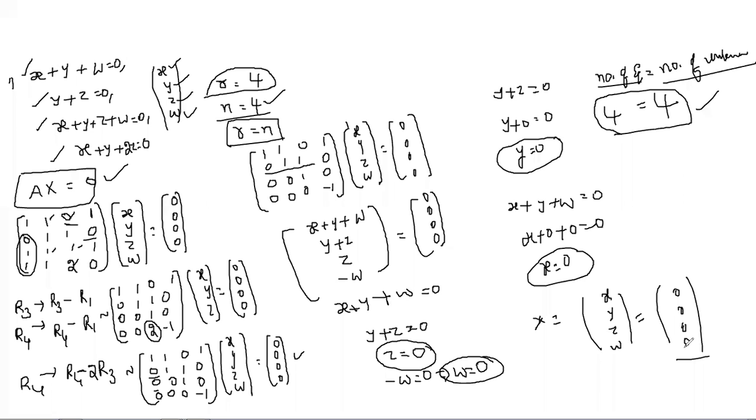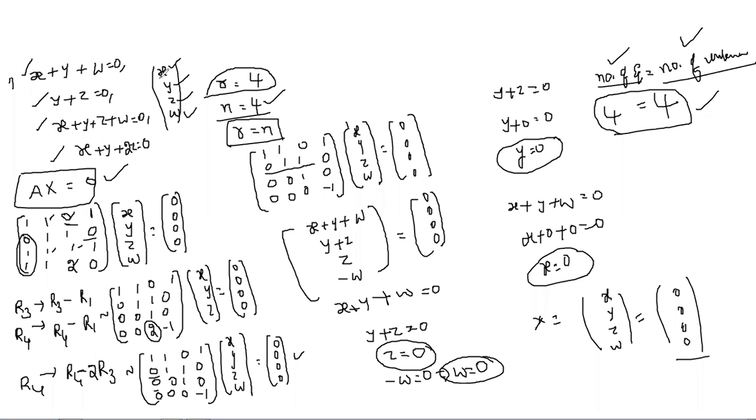In other words, for remembering this, just by seeing the equations we can decide whether we will get trivial or non-trivial. If the number of equations is equal to the number of unknowns, then we can get an idea that this system will have a zero solution or trivial solution.